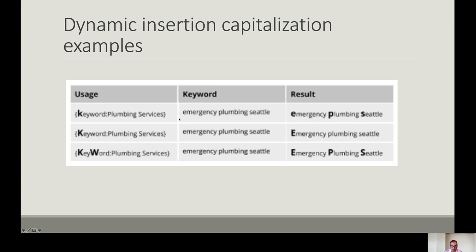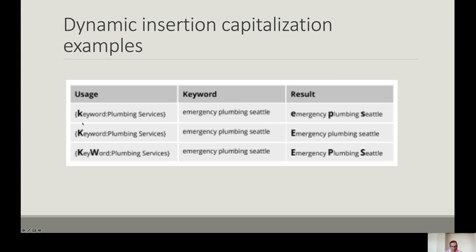And if the matched keyword is emergency plumbing Seattle, for example, then the match would result in the text showing as emergency plumbing Seattle here with the E and the P and the S in small caps. And this is because the K in the keyword here was also in small caps, right?